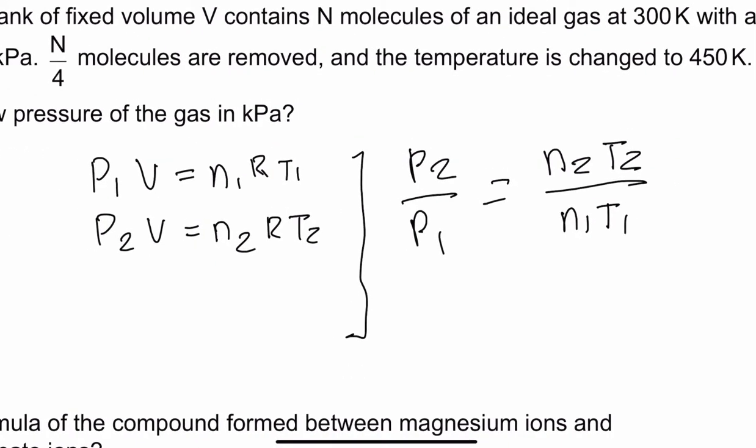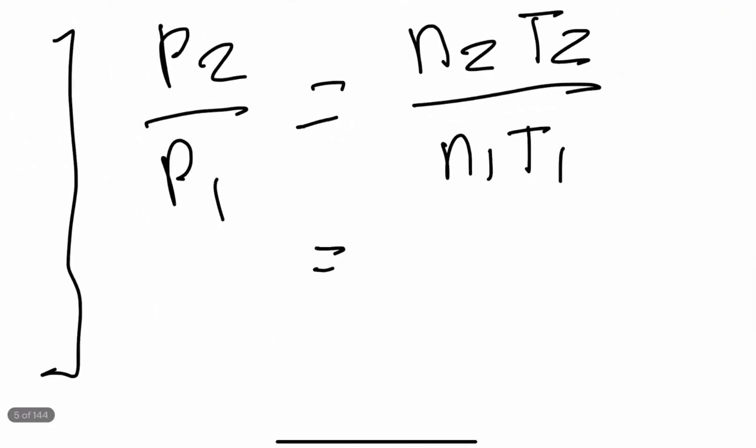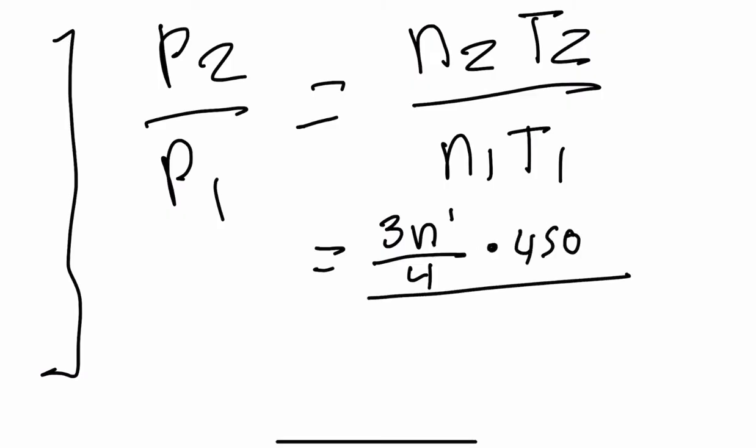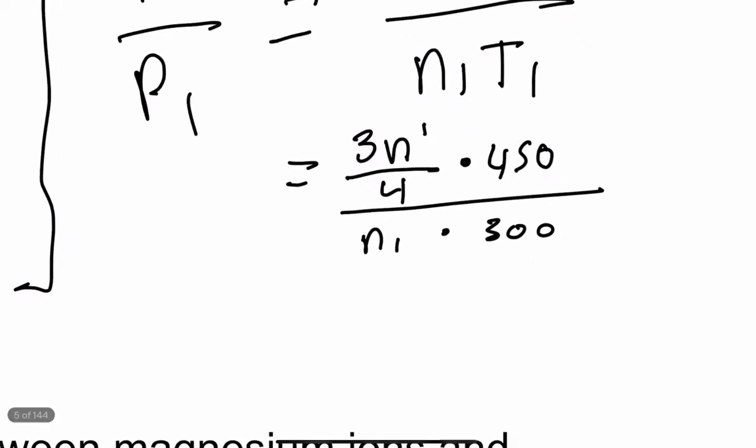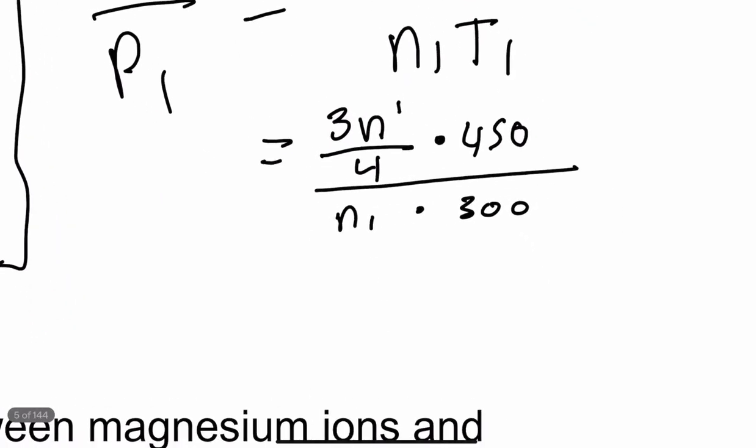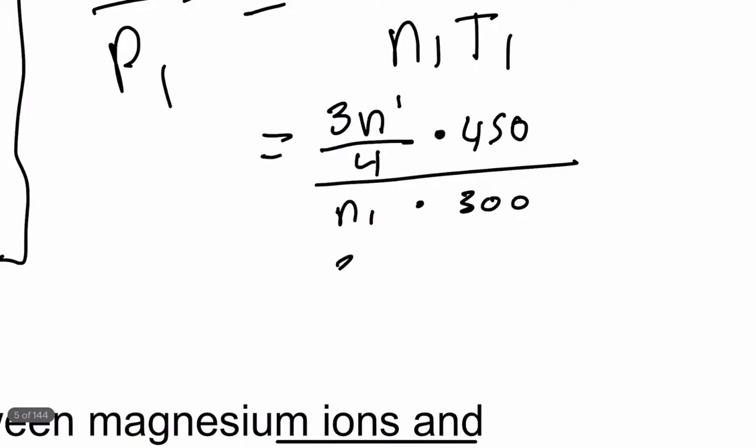So if we substitute everything else, it's basically P2 over P1 equals 3n1 over 4 times 450 for our temperature over n1, because that's the original, times 300. And then it's pretty clear to see we can split the fraction up into two fractions and simplify it out.